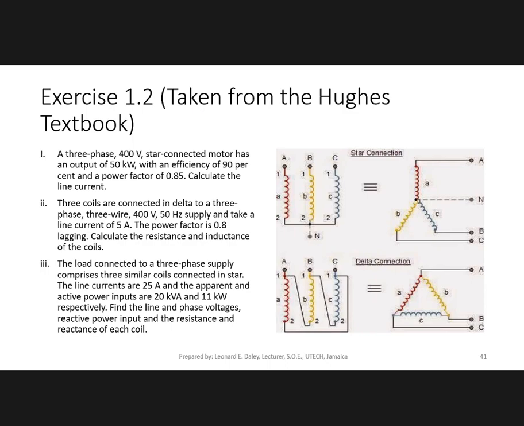Some labs will be done and recorded and sent to you so that you can do your write-up. But the 2-watt meter one is a good one to have you use all of the instruments and see actually how the circuit is connected.